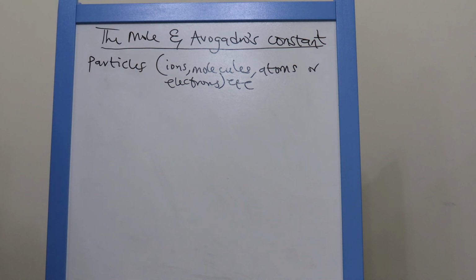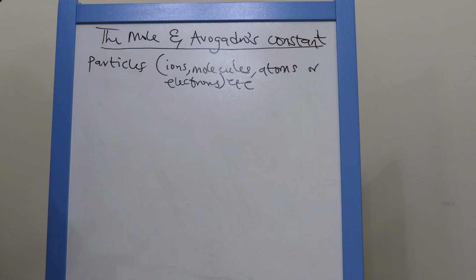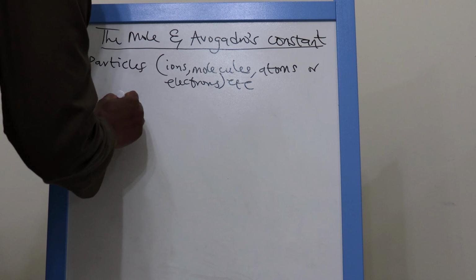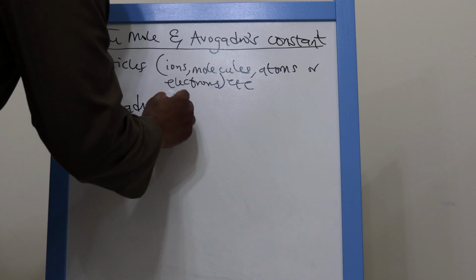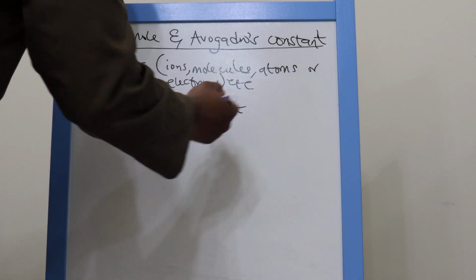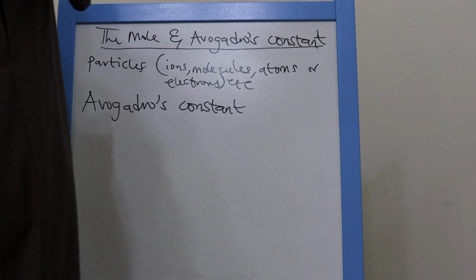And so Avogadro's constant is defined as the number of particles in 1 mole of a substance.